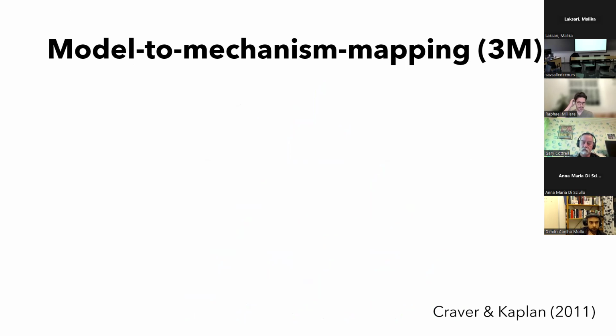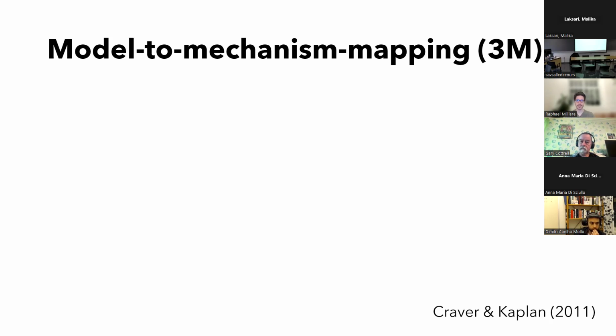So people have been thinking a lot about how that should work in the context of cognitive neuroscience and systems neuroscience, and the kind of models that are put forward in those fields. And in that context, Craver and Kaplan have proposed an influential account of mechanistic explanation in terms of a set of mapping constraints. That's what they call the model-to-mechanism mapping, or 3M constraint.